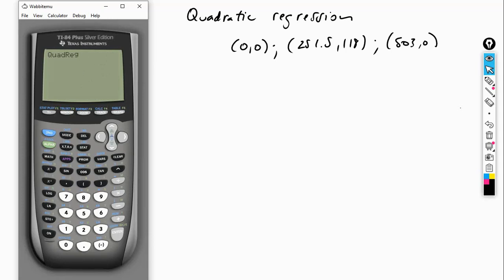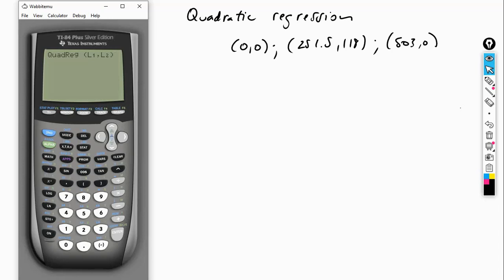Now normally you guys are going to have options for the lists, but if you don't have them, you have to do it manually. So you're going to type parenthesis, and you're going to go second 1. That's list 1, so list 1 is your x coordinates. That's what you're telling the calculator. Comma, second and 2 will give you list 2 for the y coordinates.